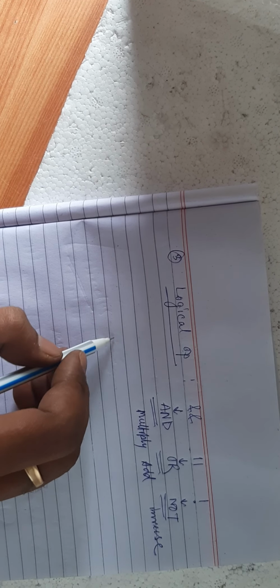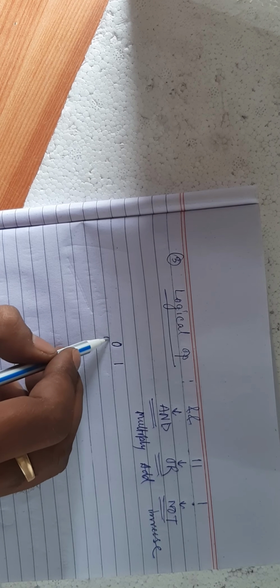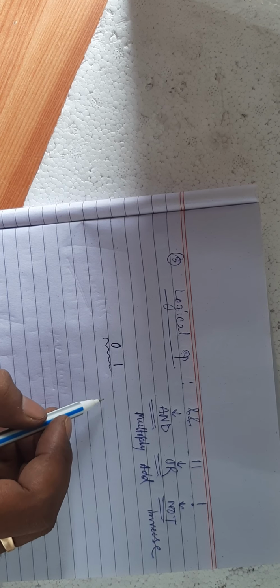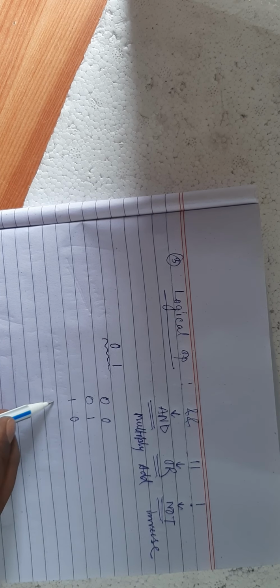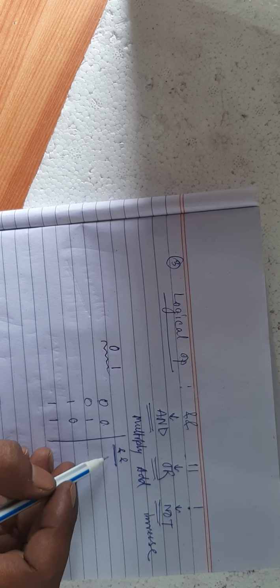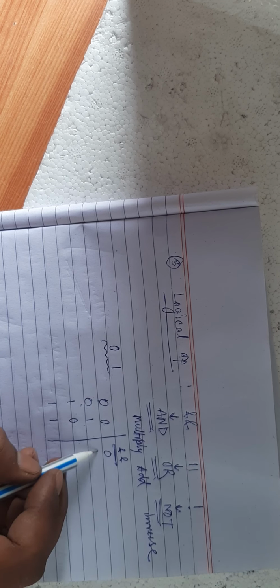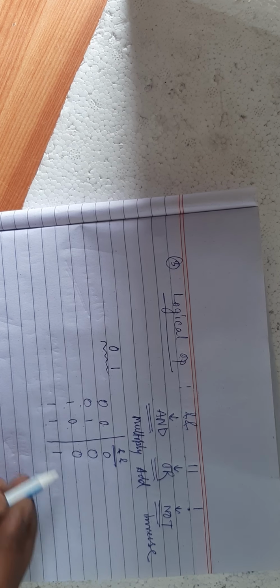Now how does it take place? Suppose these are two binary bits, 0 and 1. What combinations are possible? 0 0, 0 1, 1 0, 1 1. Now if we do the AND operation, 0 into 0 the answer will be 0, 0 1 the answer will be 0, 1 0 the answer will be 0, 1 and 1 the answer will be 1.